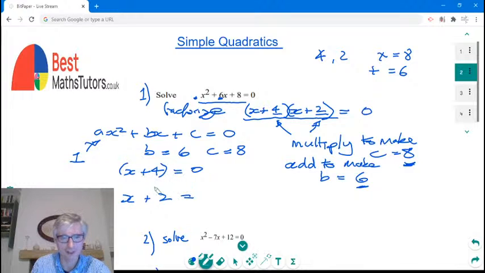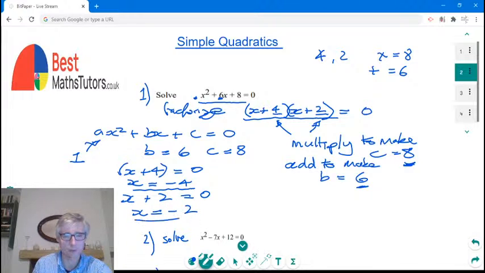Because we've got these two equations, the first one could equal 0 only if x was equal to minus 4, since minus 4 plus 4 equals 0. That's one solution. And the other solution is if x plus 2 is equal to 0, then x would have to equal minus 2.